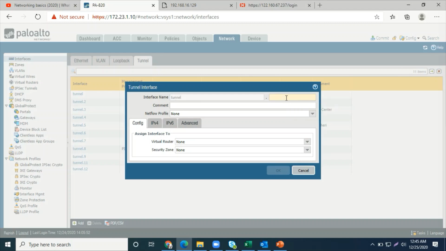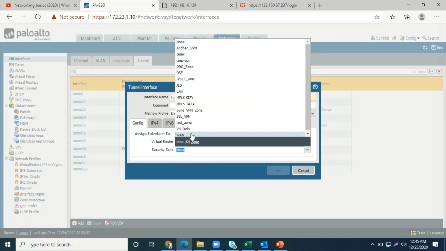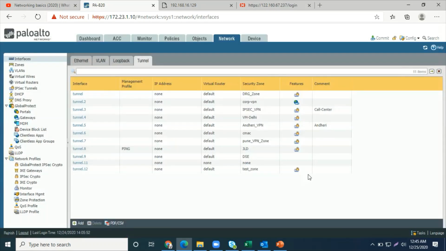I already configured 4, so tunnel.4 is configured there, and give it the virtual router default and the security zone. I already configured the security zone VM Delhi.